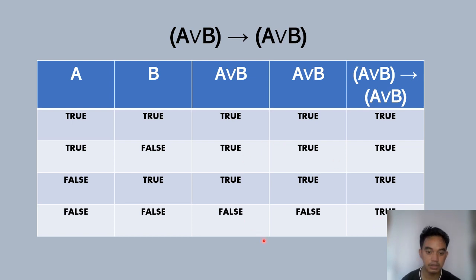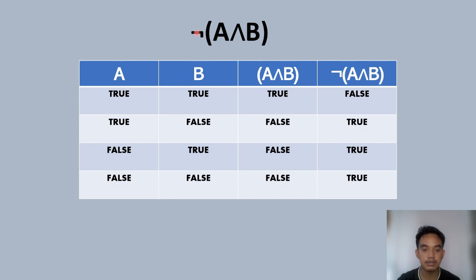From the previous slides, I've shown you the example table of each connective, and then let's proceed to another example. Here is the not, or the negation, I rather say, the negation of A and B. Let's try to solve this.